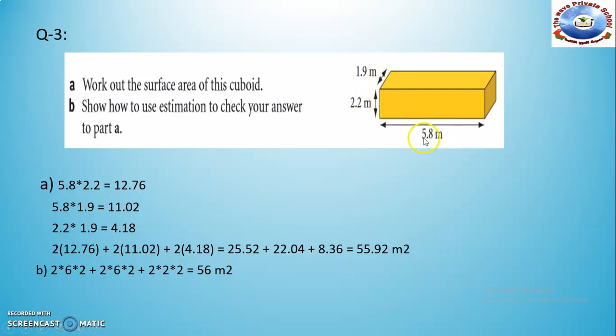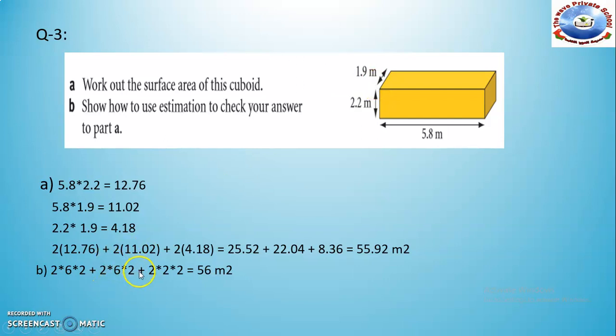So length into width: 6 is length and width is 2. So 6 into 2 multiplied by 2 is 24. Plus 2 into length into height: length is 6 and height is 2, so 6 into 2 multiplied by 2.